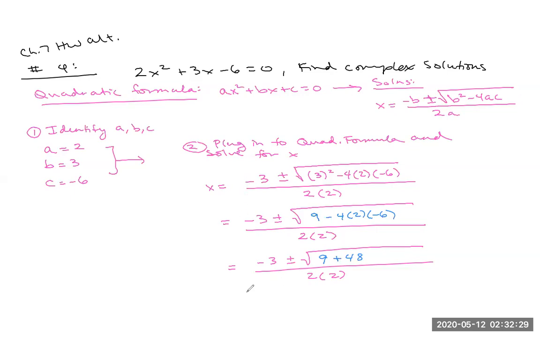Then we have -3 plus minus 2 times 2 on the bottom, and 9 plus 48 is going to give us 57. And we still have our square root there.